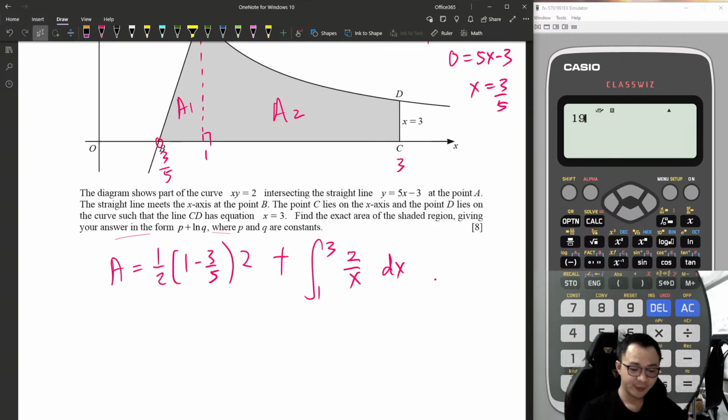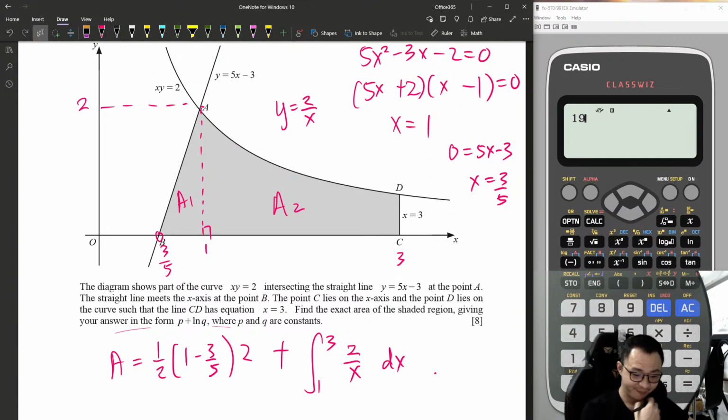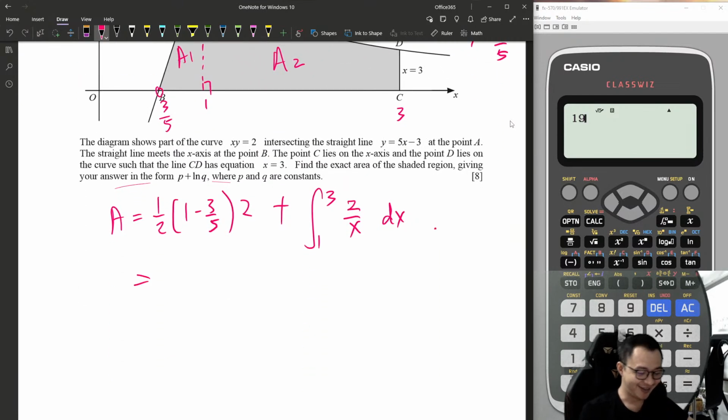Okay, but why give so many marks? Okay, let's see. This is 2 over 5, so I use a calculator. 1 over 2 multiply 2 over 5 multiply 2. So it's 2 over 5 in total.